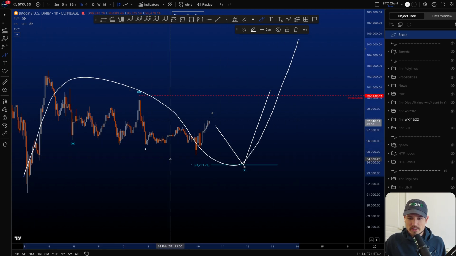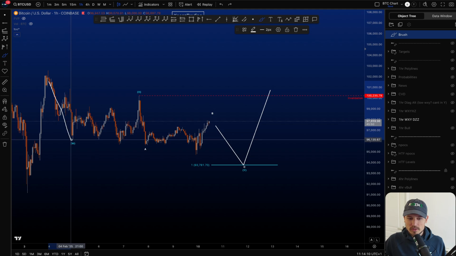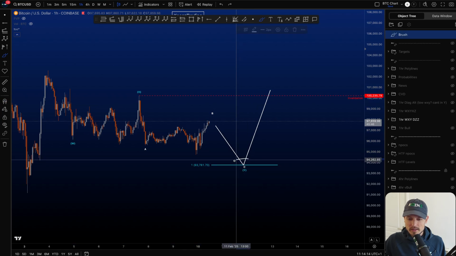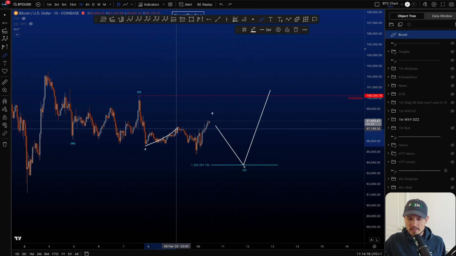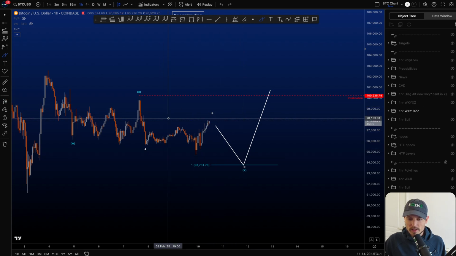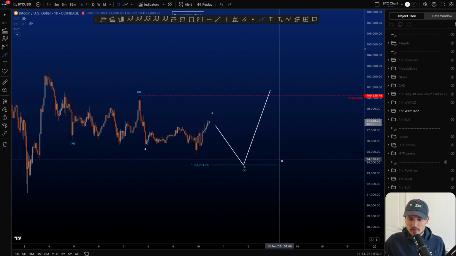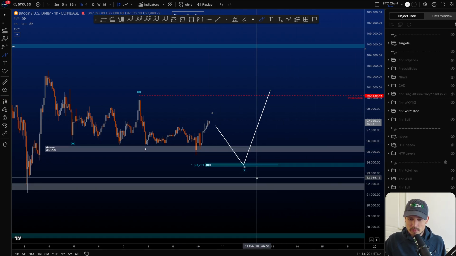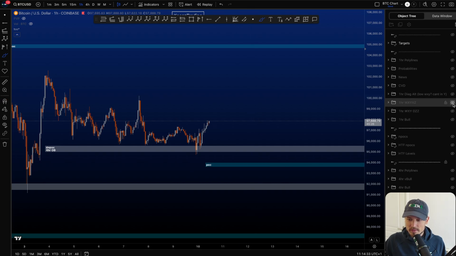So the scenario is exactly the same, but internally you then have WX and then you have an unfinished ABC here inside wave Y, where this is then counted as a flat structure inside this wave B. Invalidation is taking out the high here at 100.2k. Target area is similar to the box over here as mentioned earlier, around 93.7k.